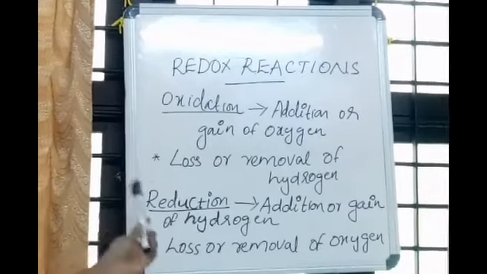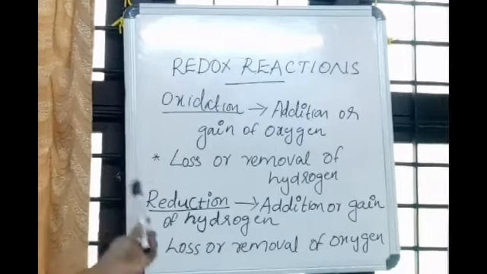You can see four equations on the board. First one, copper oxide plus hydrogen gives copper plus water. Now see what happens to the hydrogen after the reaction. After the reaction, hydrogen changes to water.